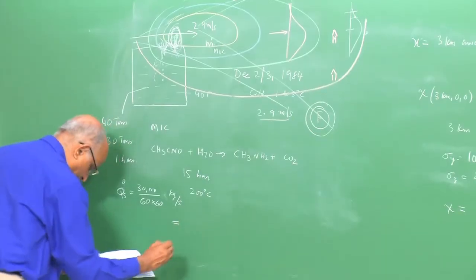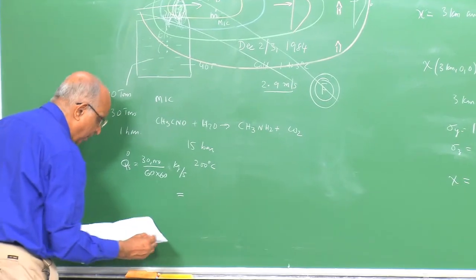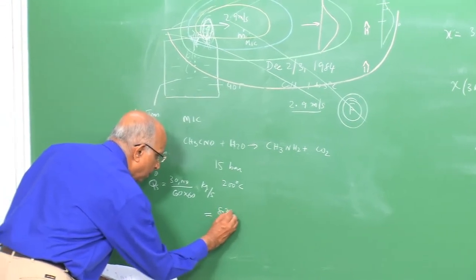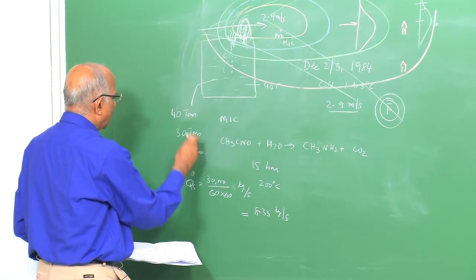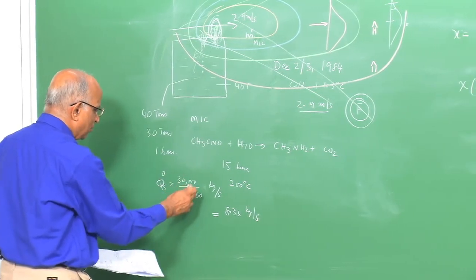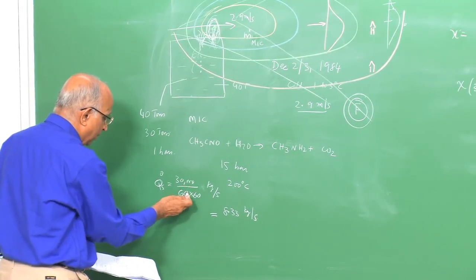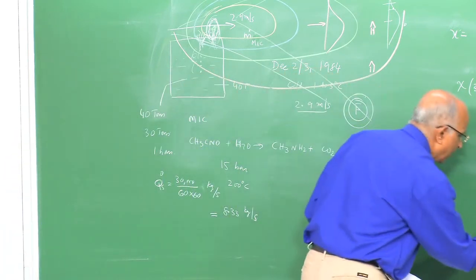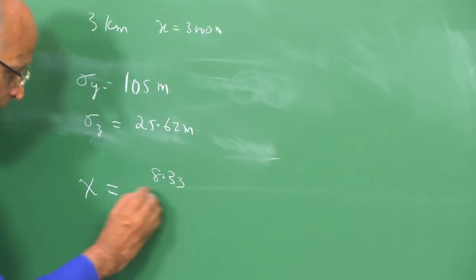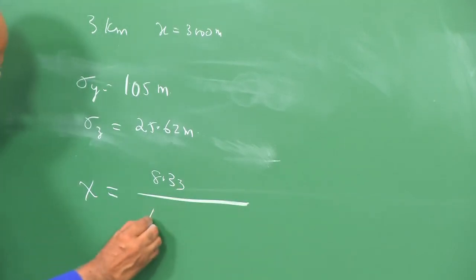This number is equal to 8.33 kilograms per second, because 30,000 kilograms in an hour means 60 minutes into 60 seconds. Therefore, I have 8.33 divided by pi.